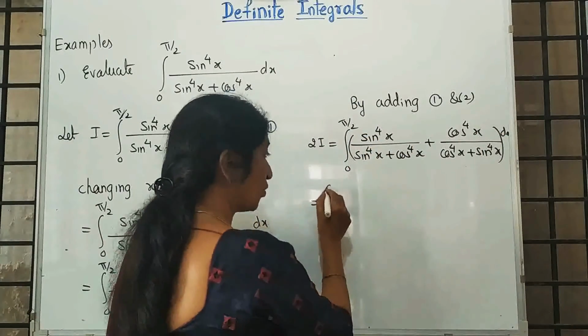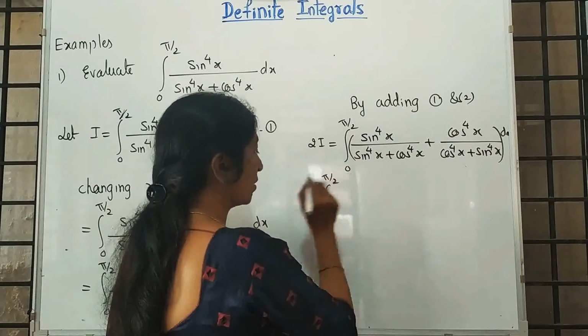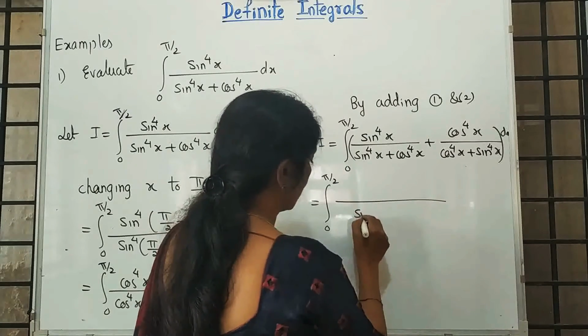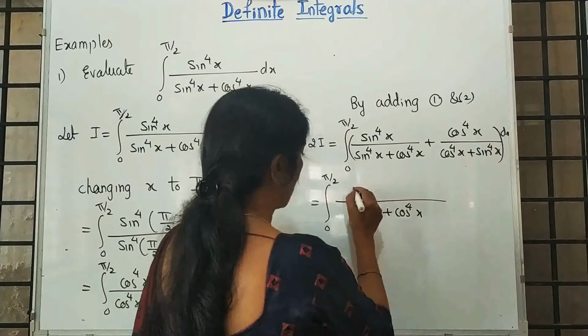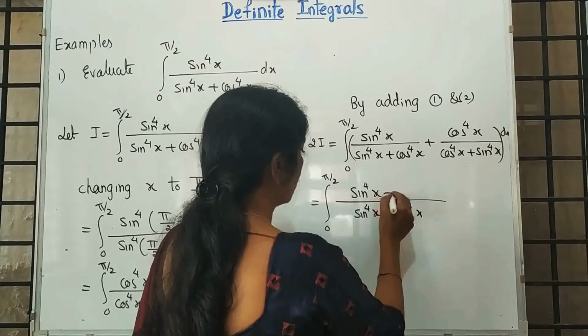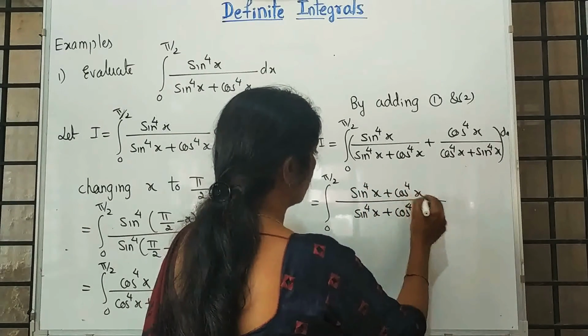See the denominator, they have the same denominator, so the LCM is the same. LCM is sin raised to 4x plus cos raised to 4x. Add the numerator: sin raised to 4 plus cos raised to 4.